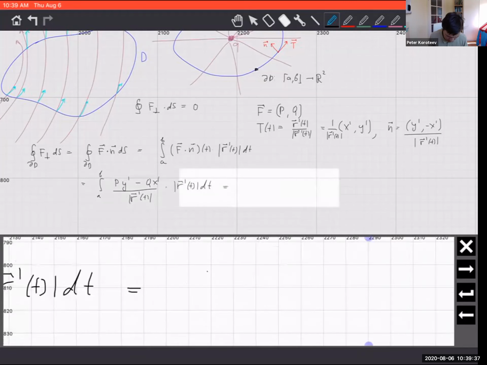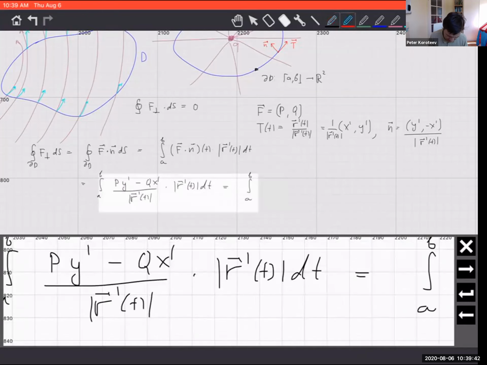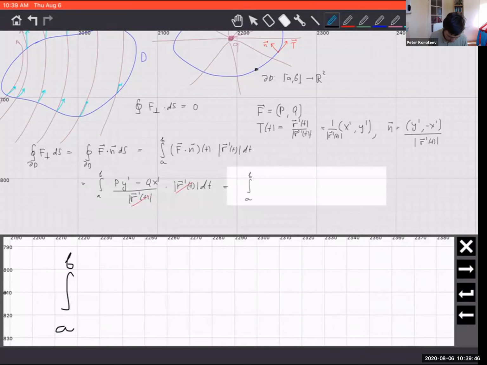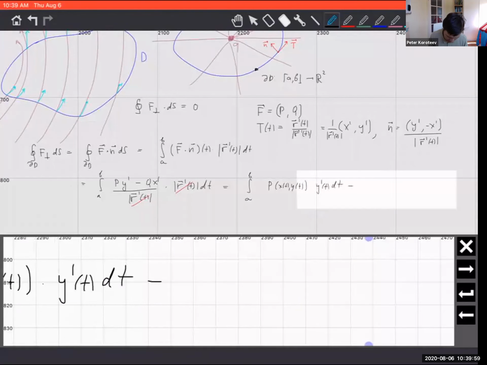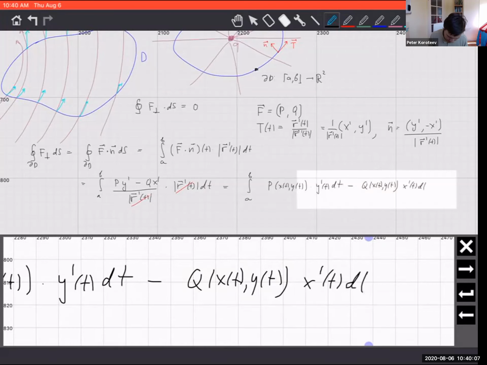Which is equal to what? This thing cancels. We have the integral from a to b of p of x of t, y of t, y prime of t dt minus q of x of t, y of t, x prime of t dt.